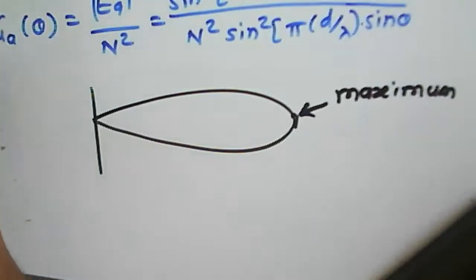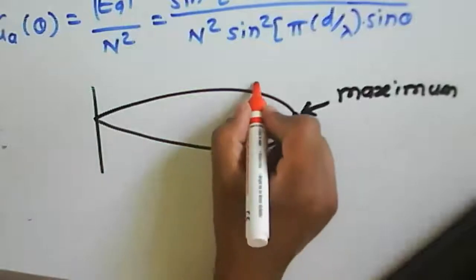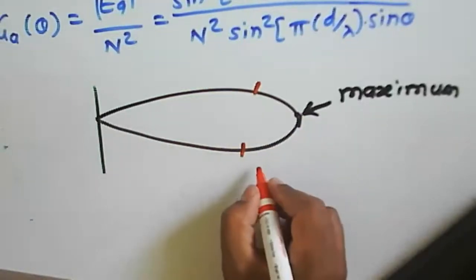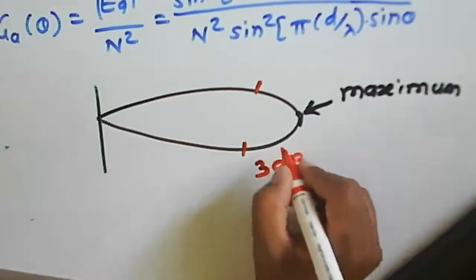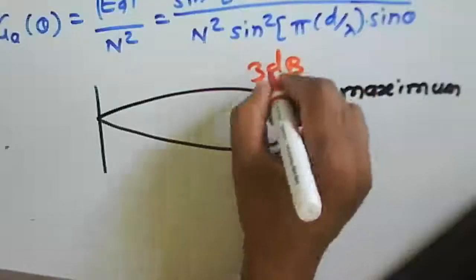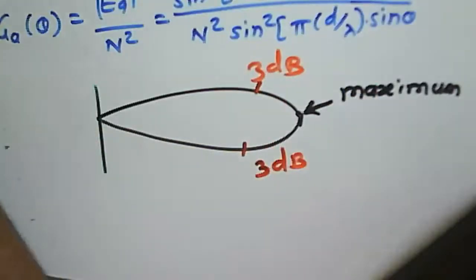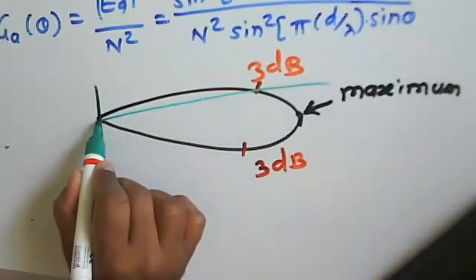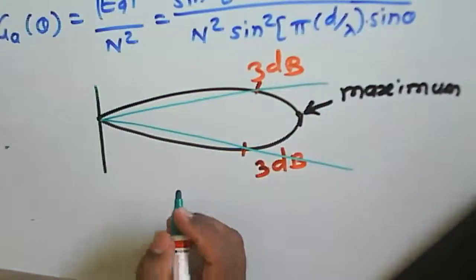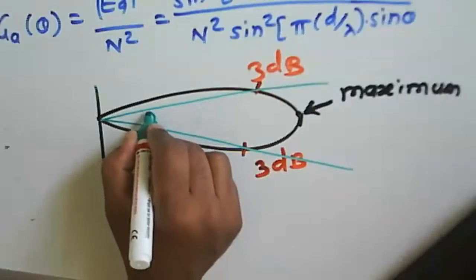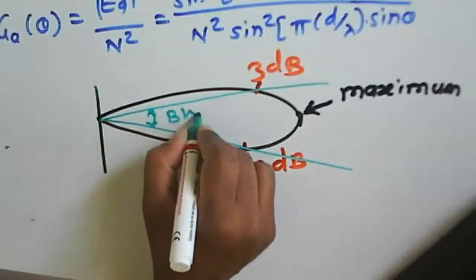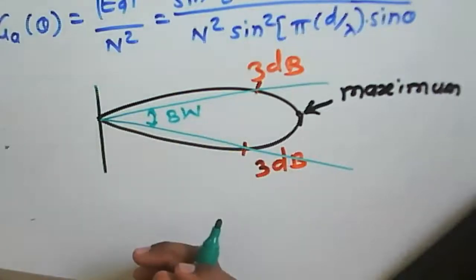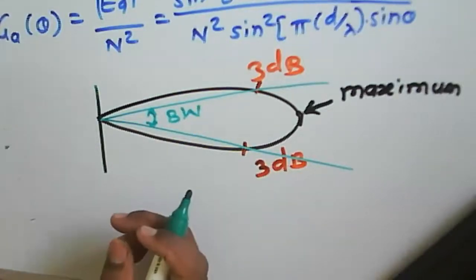So from this maximum radiation point, if we find out a 3 dB point here, these are nothing but 3 dB points. So from this particular 3 dB point, if you draw a line, we will get this beam width. This beam width is called a 3 dB beam width.